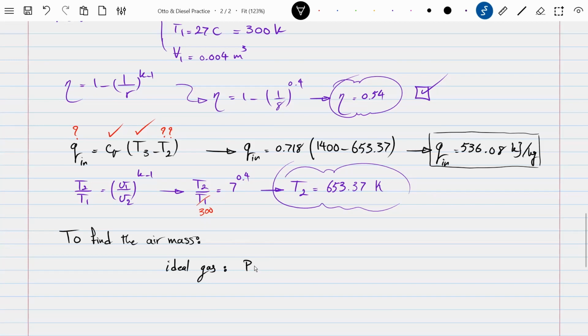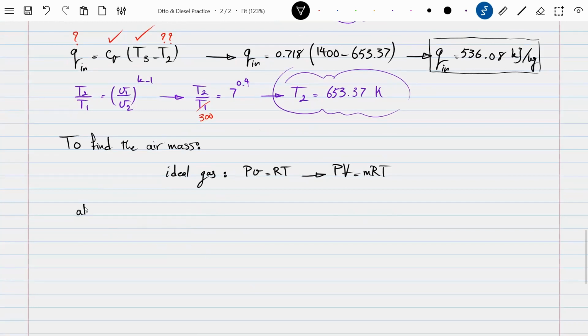The one that I used in the previous problem was Pv equals RT, where v is a specific volume. However, we have a variant with the total volume: P times total volume is equal to the mass of your gas times RT. This form is the one that we are going to use here in this problem.